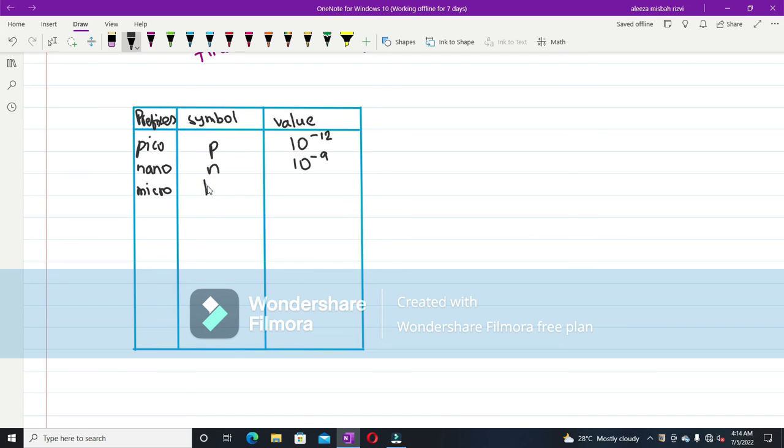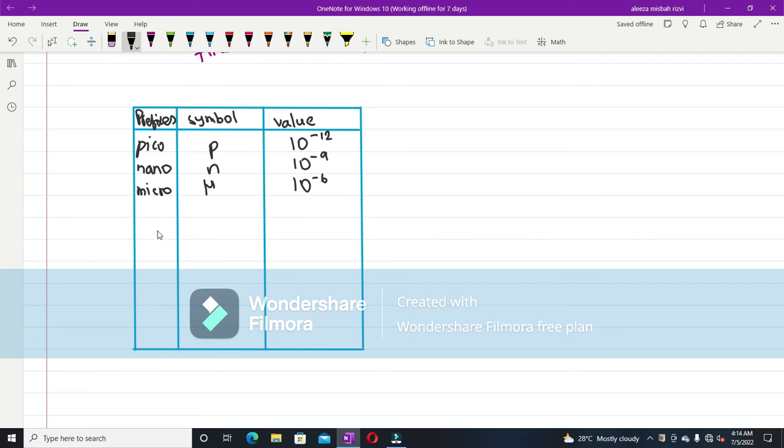It's like this, and its value is 10 power minus 6. So basically you may notice that the difference is of 3.